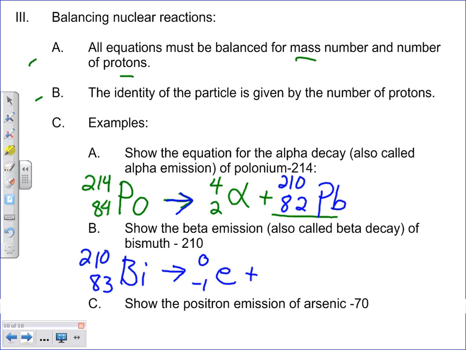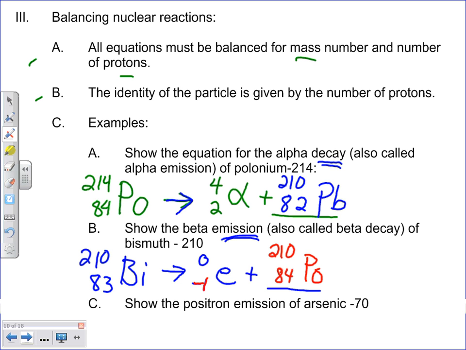That means when I do that math, and again, I can't stress enough how much you really have to pay attention to some of these words. So now when I do this math, I see that it is going to be 210, and don't let this trick you. Make sure you get that math correct. It's going to be an 84 here. 84 plus -1 gives you that 83. So 84 is going to be polonium again.